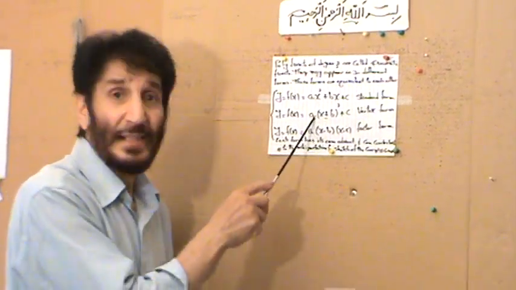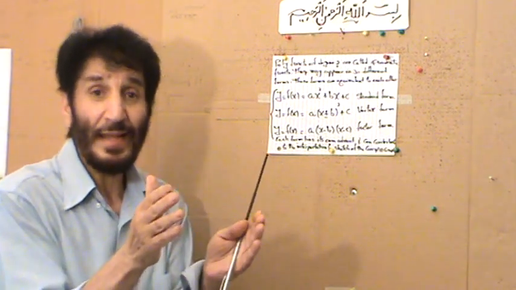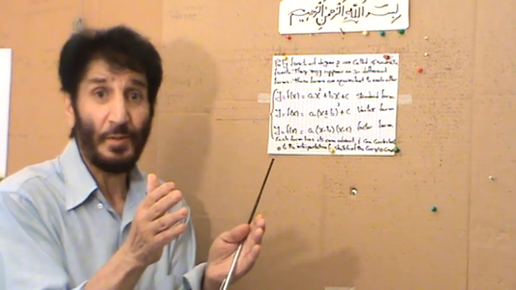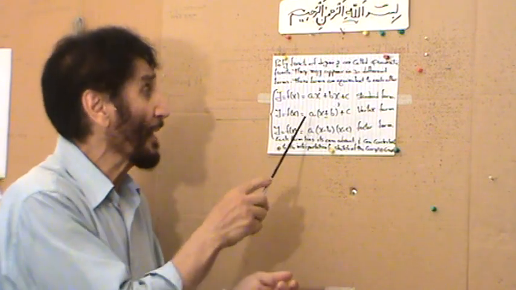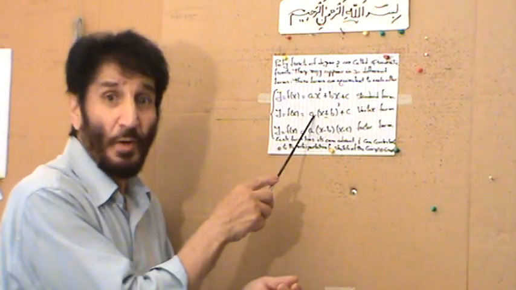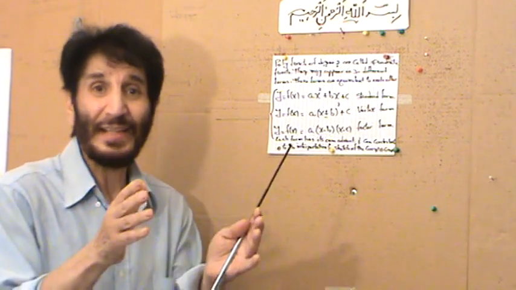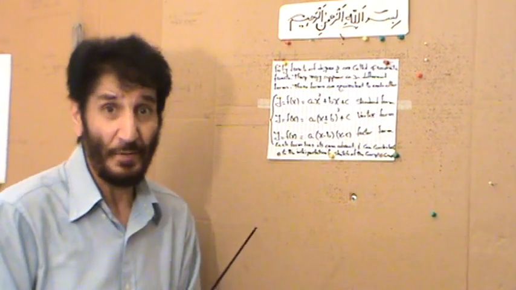If it is bigger than 1, the graph will be a little bit skinnier than the mother graph or parent graph, y equals x squared, which will be inside that. And if it is between 0 and 1, like 1/2, it is a little bit wider, which means the parent graph of y equals x squared will be inside that one.